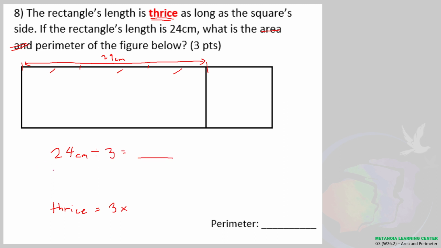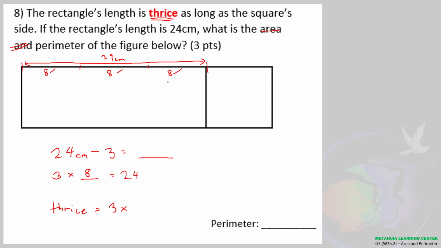So then again, if you don't know how to divide, all you need to do is recall your multiplication table. 3 multiplied by what number will give you 24? If you have memorized your multiplication table, you should know by now that the answer here is 8. Which means each unit here is equivalent to 8. 1, 2, 3.